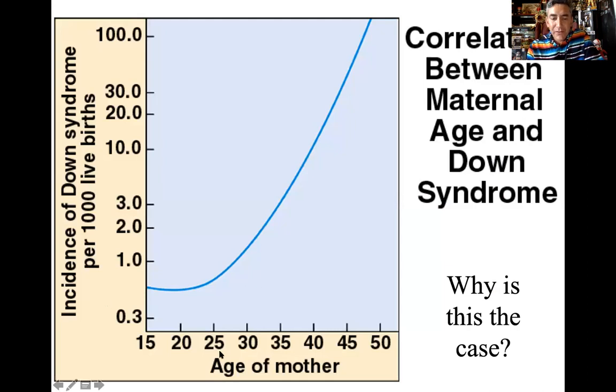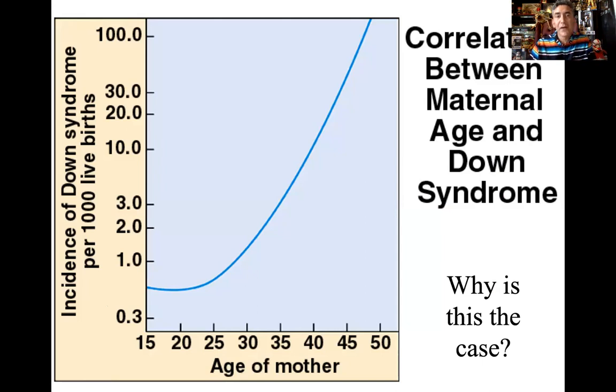Well, we have to go back to the age of mom and the age of the actual eggs. So remember, ladies, you have had your eggs since birth. So if you're 18, 19, 20 years old right now, that's how old these eggs are. And anything and everything you've exposed your body to, radiation, x-rays, medication, drugs, whatever, all of that has also affected your eggs.